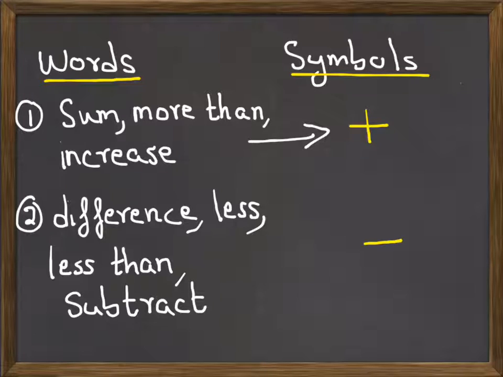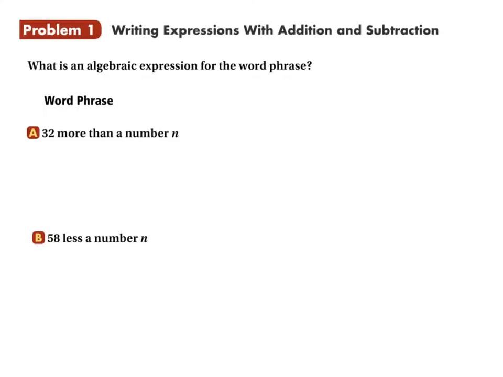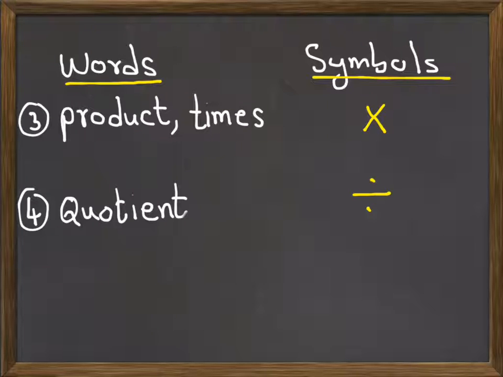Words like difference, less, less than, subtract, they all refer to the operation symbol minus. Words like product, times, they all refer to the operation symbol multiplication, and quotient refers to the operation symbol division.